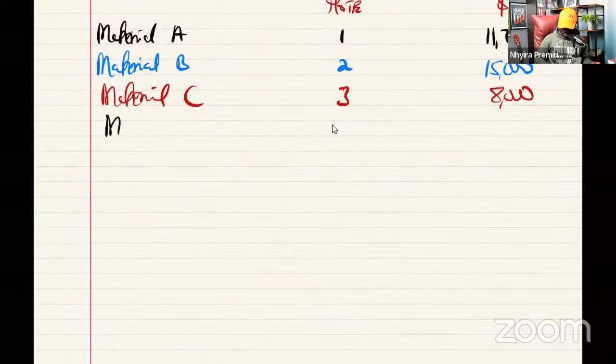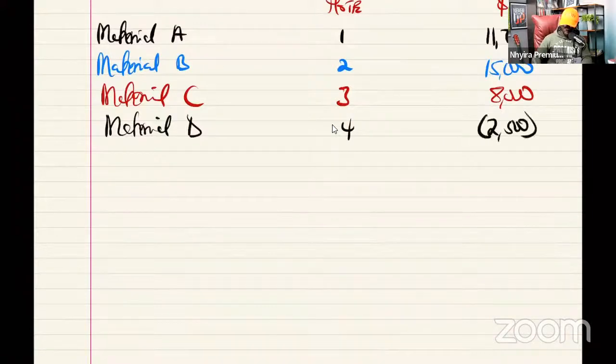Okay, so material D for 2,500 is a cost savings, so we'll deduct it because he will not incur that cost.